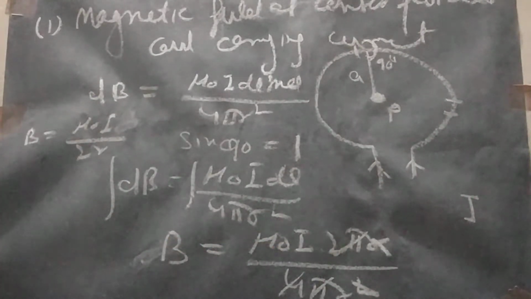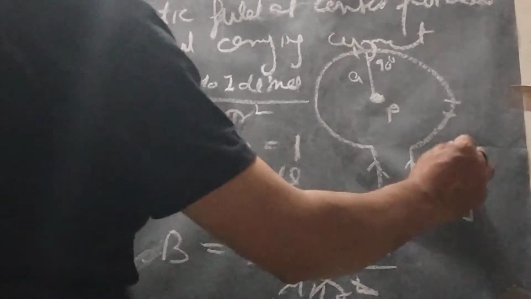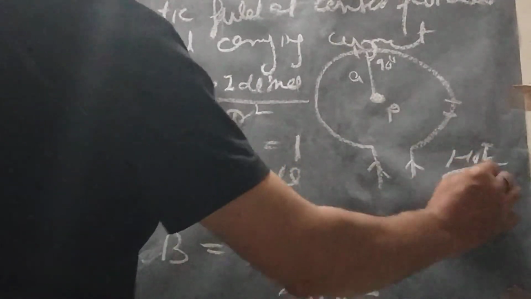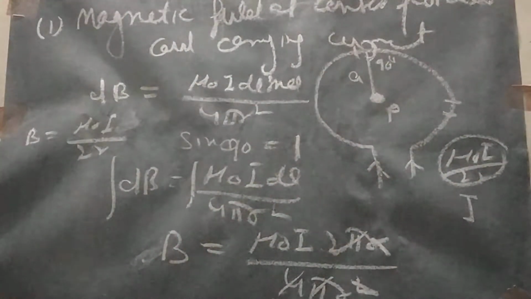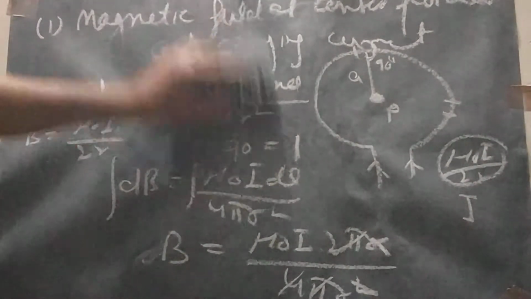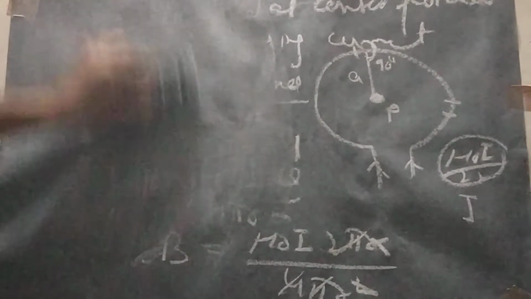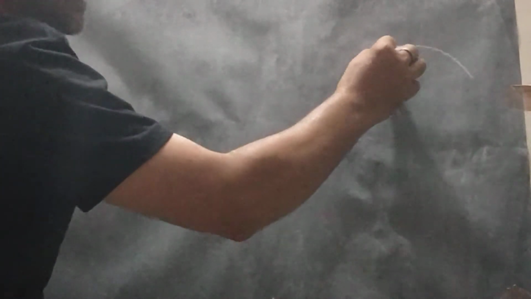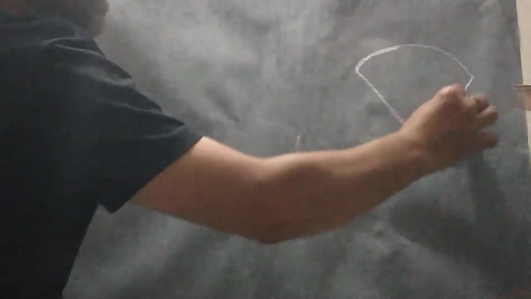Therefore the magnetic field at the center of a circular coil is mu naught I upon 2r. The final result: magnetic field at the center is mu naught I upon 2r. So if we have to calculate the total magnetic field at a point at the center of a circular coil, we will make use of this formula, mu naught I upon 2r. Suppose we have to calculate the magnetic field due to an arc like this, and the angle is theta.